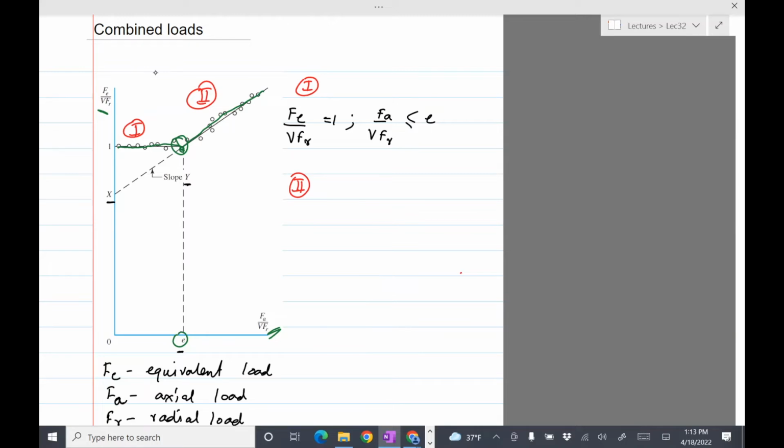We have FE divided by V times FR equals capital X, that's the intercept, plus capital Y times FA divided by V times FR. And that is true when FA divided by V times FR is greater than e.